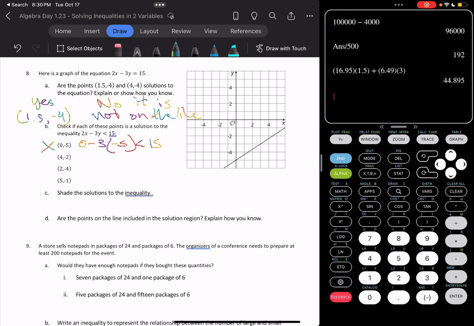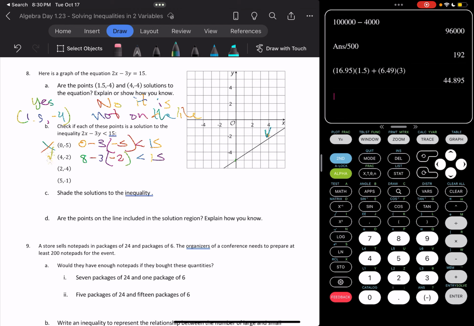So 0 comma negative 5 is not a solution. 4 comma negative 2 is 4 times 2 is 8, minus 3 times negative 2 is going to be 8 plus 6, which is 14. So 4 comma negative 2, which is on that side of the line, does work. That's a check.